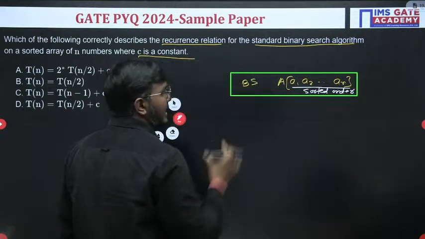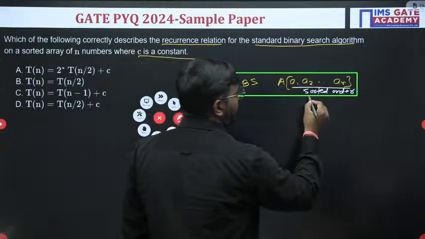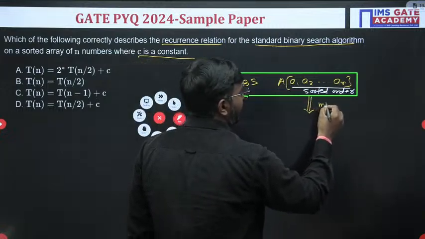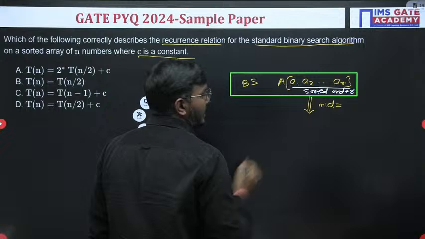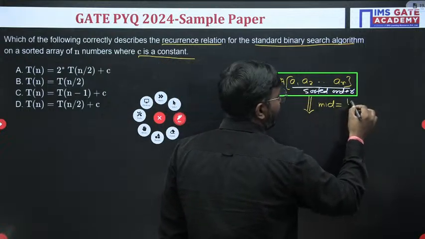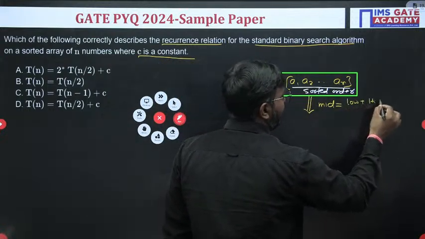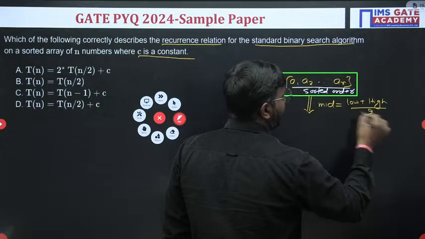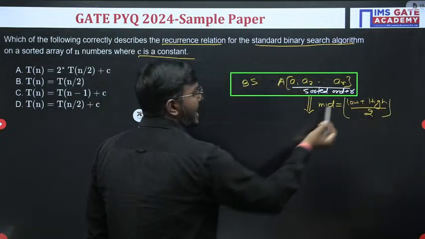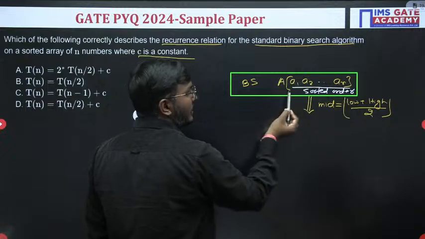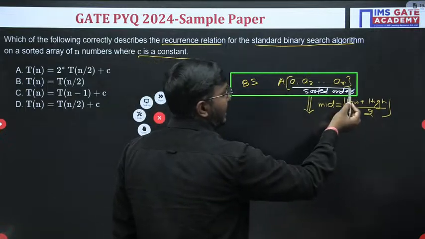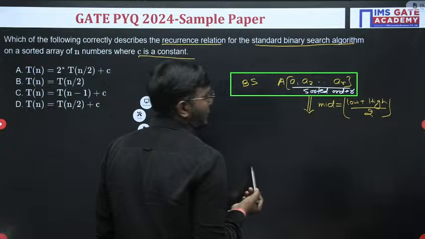Okay, fine. How does this binary search work? First it will find the mid. How to find the mid? Mid is nothing but equal to low plus high by 2 and floor value. Or I can say here i plus j by 2, if i is the starting index and j is the last index. Both will be same only.